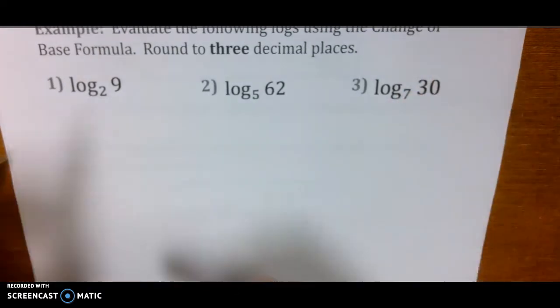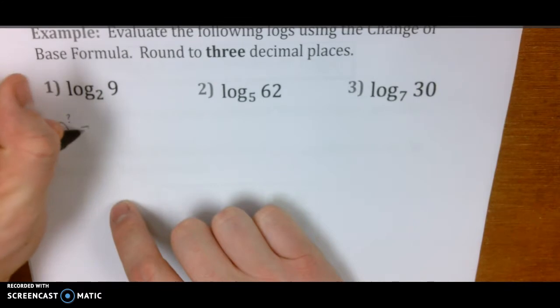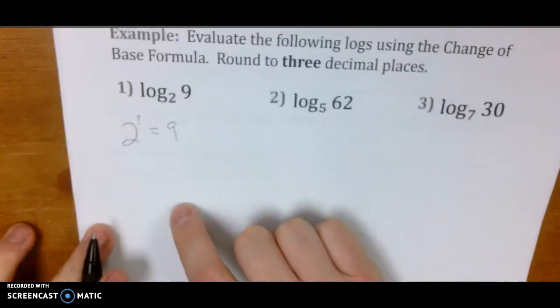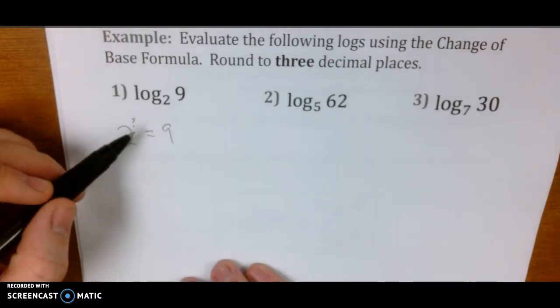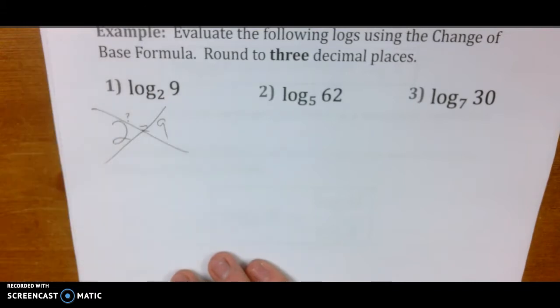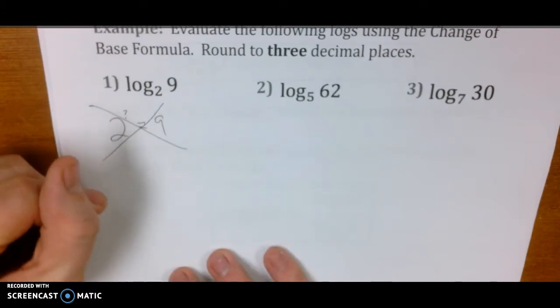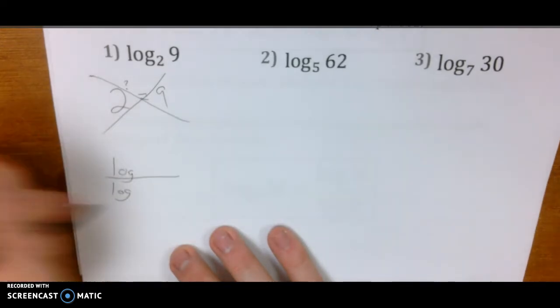Number 1, log base 2 of 9. This is really asking 2 to some power equals 9. 2 to what power would give you 9? Well, I know 2 cubed is 8, so 2 to the 3 point something might give me 9, but this is not going to be a clean answer. So what I need to do is use the change of base formula, which says log something over log something.